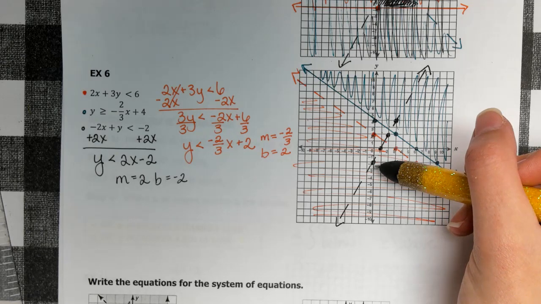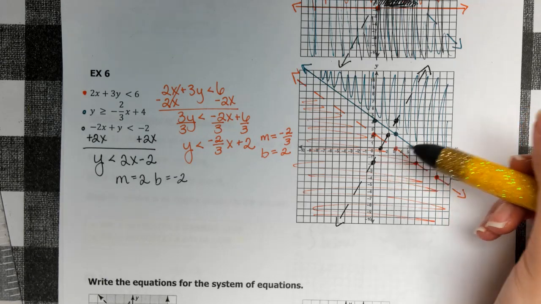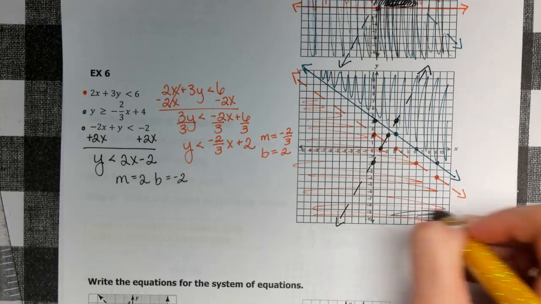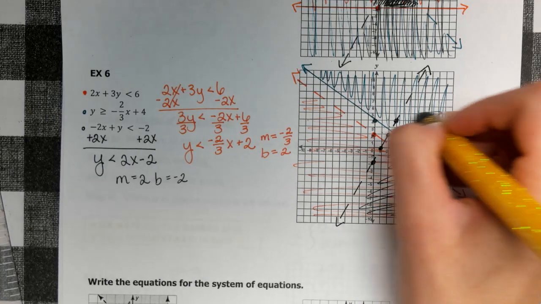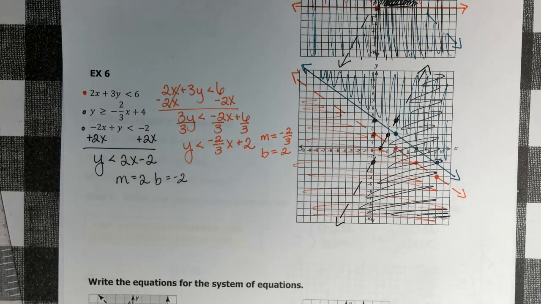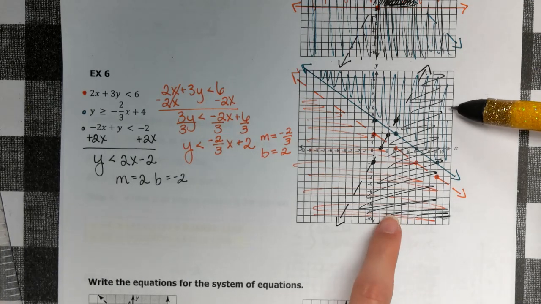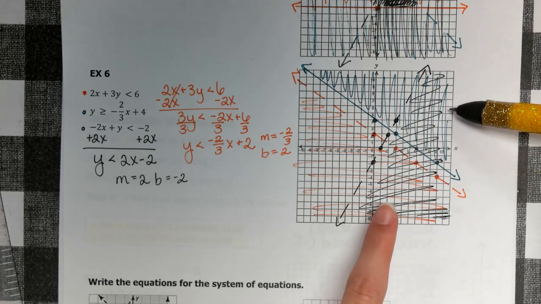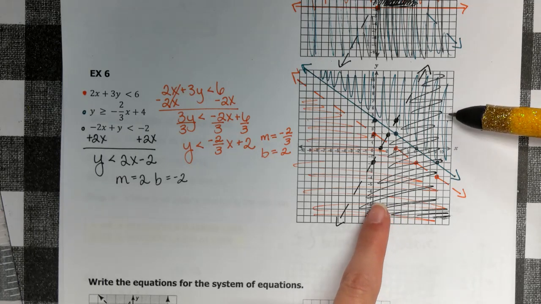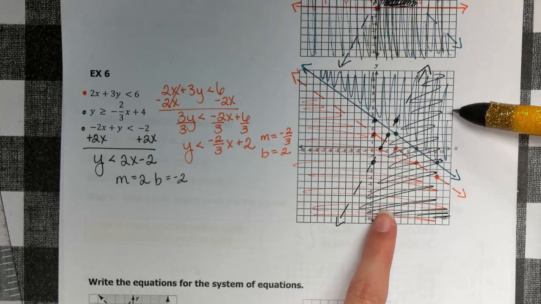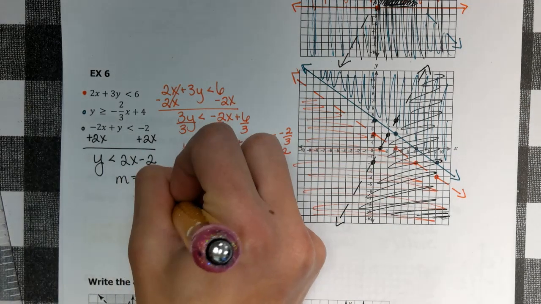It's less than, so am I going to shade above or below? Below. Okay. Now I had 2 areas that overlapped, but I have 3 inequalities, so I would need where all 3 overlap. Do I have that? No, so this is no solution.